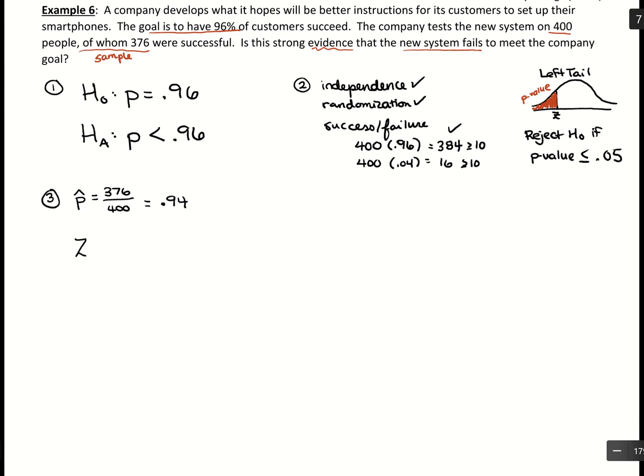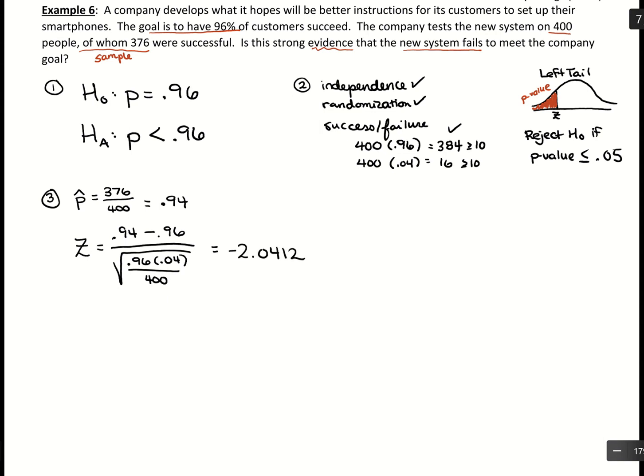So for our z-score, we'll take our sample statistic of 0.94 minus what we expected to come out, over the square root, and then use those values from the null hypothesis, p times 1 minus that, over our sample size of 400.